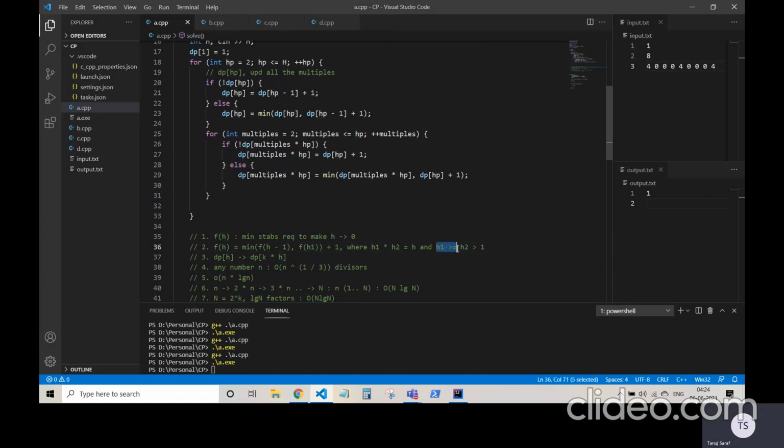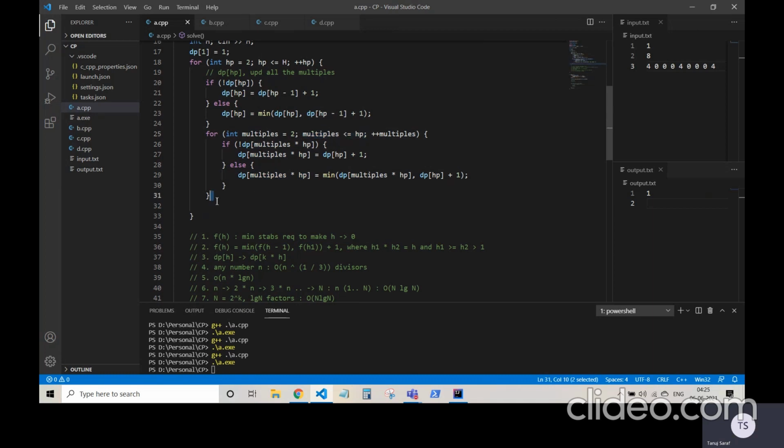So this h1 has to be greater. And this particular number multiplies into HP. This is written in the form of h1 into h2, right? And I know that I'm deriving my answer from dp of HP. So this has to be my h1. And if this has to be my h1, then this has to be greater than or equal to this. And therefore, h1 is greater than or equal to h2. So we would only be going till this point.